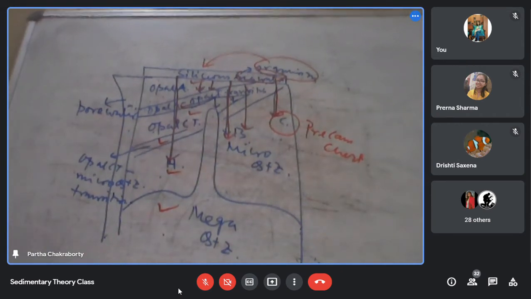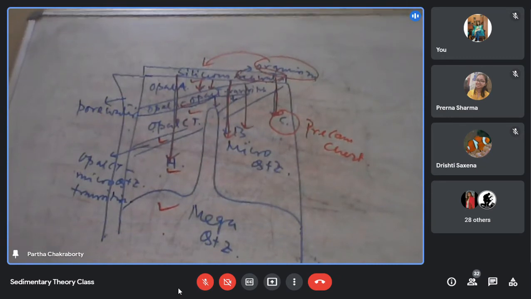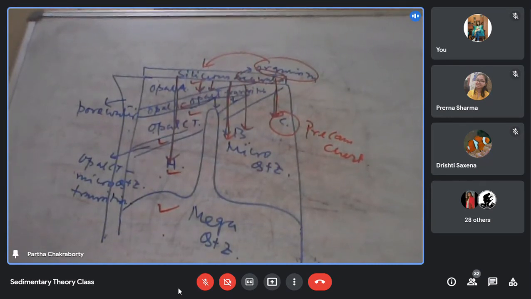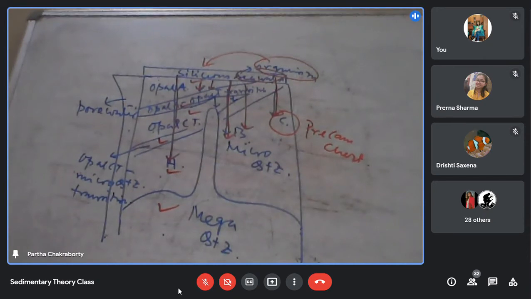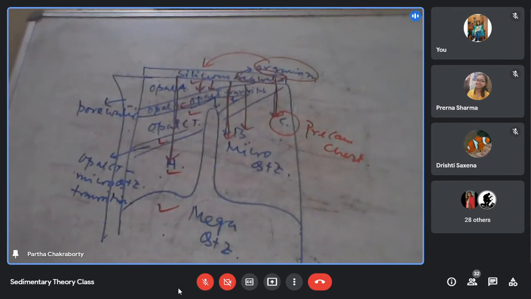And that is why, if there is direct precipitation of silica, then there is no requirement of scavenging silica from the seawater, then dissolution, and then recrystallization to microquartz.